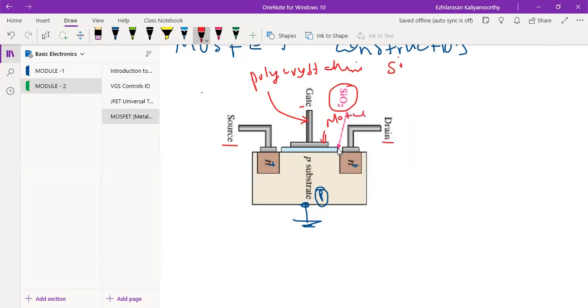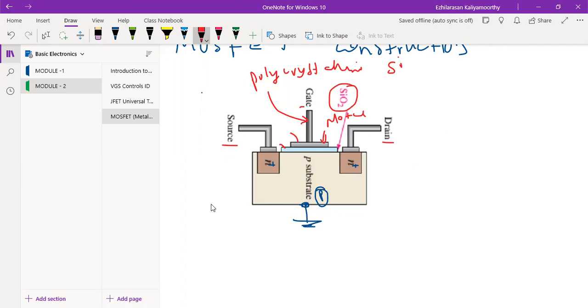So now this will be oxide. Now this will be P-type. Now you can think from the top: this is metal, this is oxide layer, this will be your semiconductor material, P-type. So that's why the name has come as metal oxide semiconductor field effect transistor. That is the name it has come.